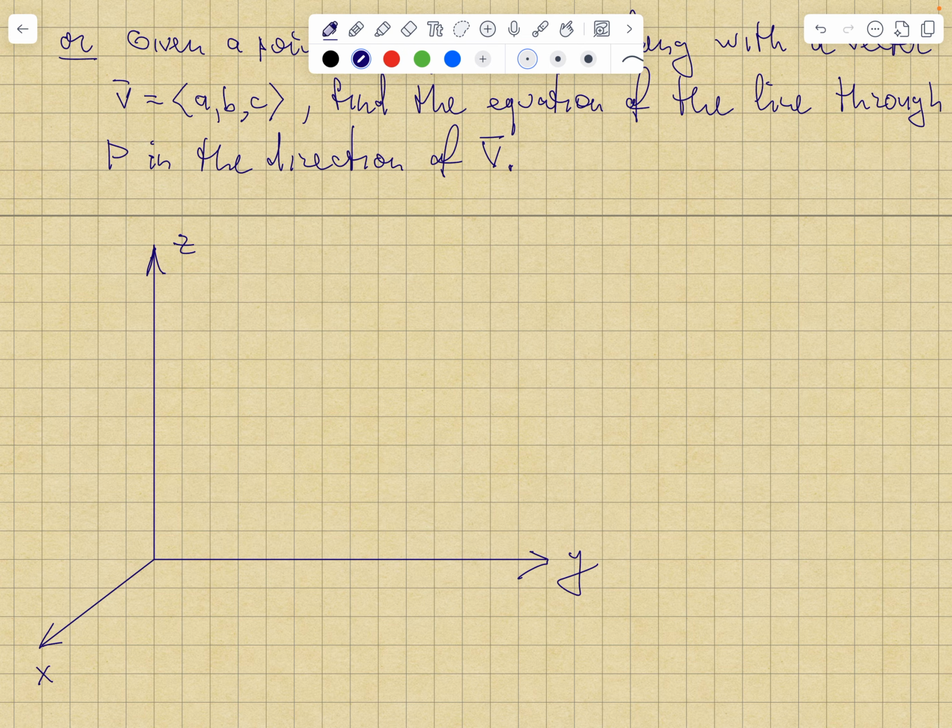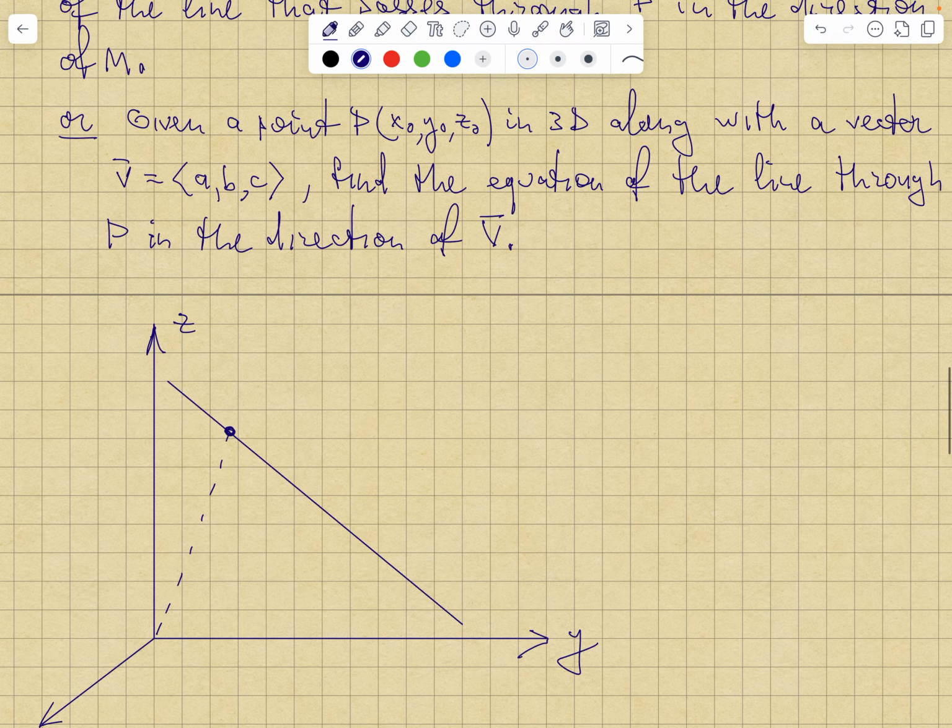Let's say I have a line. On that line, there is a point P0. This is a point P, right, with coordinates x0, y0, z0.